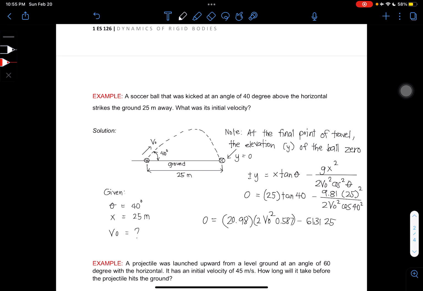So can we derive now? So to derive this, transpose, so V0 is equal to the square root of 6131.25 divided by 20.98 times 2 and 0.587.